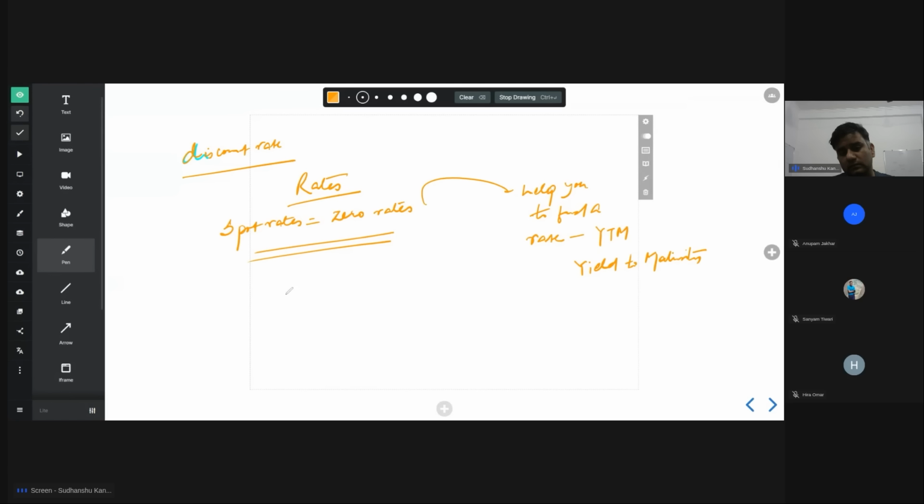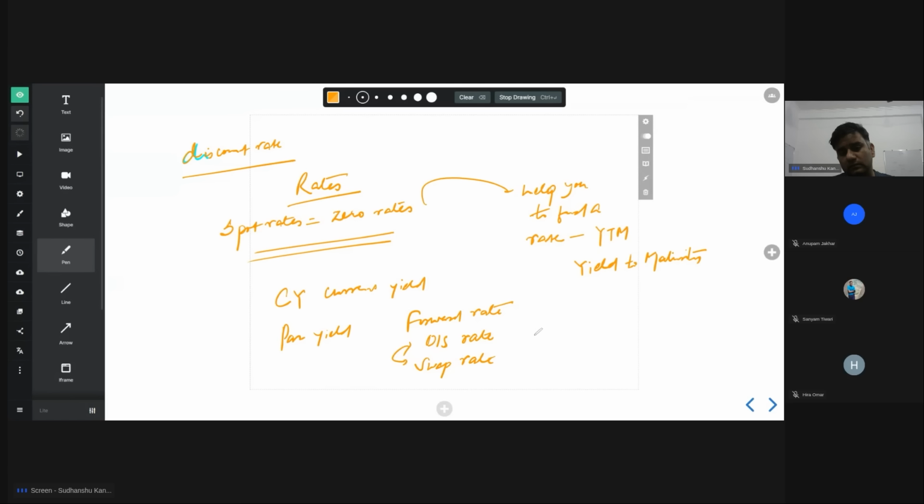Similarly, in the rates world, there are many other rates. There is something called current yield, par yield, forward rate, OIS rate, and swap rate. OIS and swap rate are very simple. OIS is the overnight index swap rate, a simple swap rate, so these are very similar in nature.